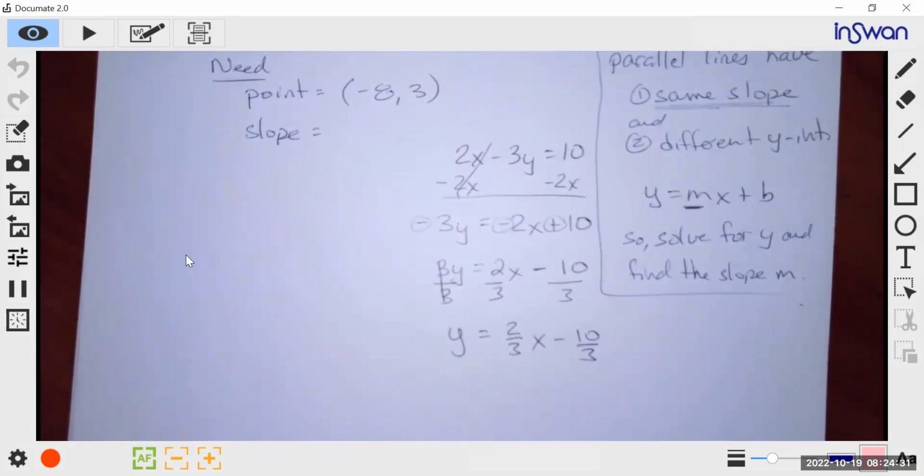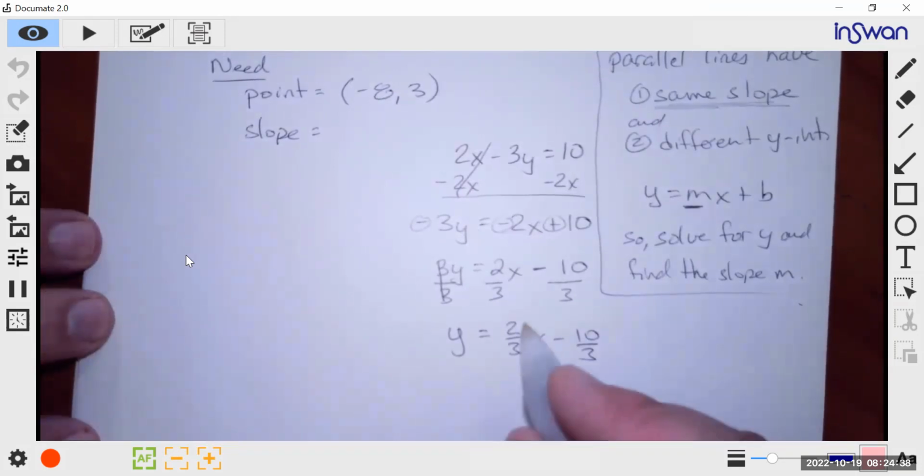Since our line has to be parallel to this one, what's the slope? What slope does it have to have? Has to have a slope of 2/3.